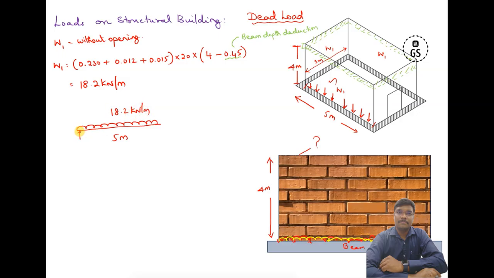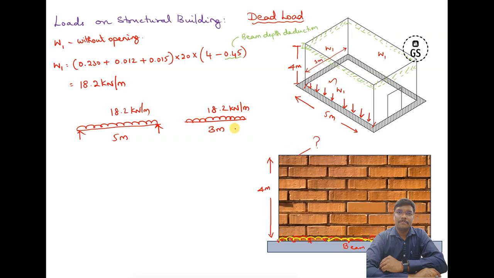When you analyze this beam, we'll come to know the reaction at both ends. Similarly, for the 3 meter span, the load over there is again 18.2 kilonewton per meter. So this is only the dead load. We have not calculated the live loads. It is only the dead load of this brick wall.